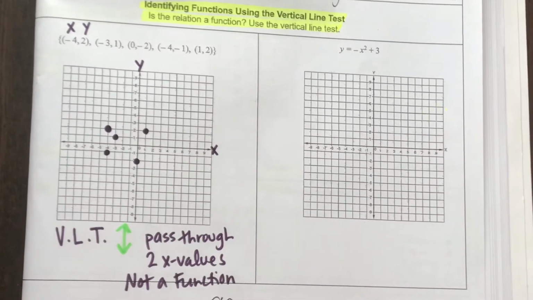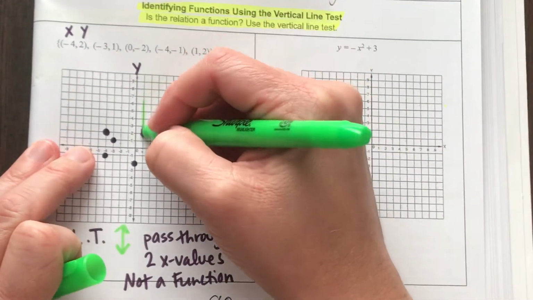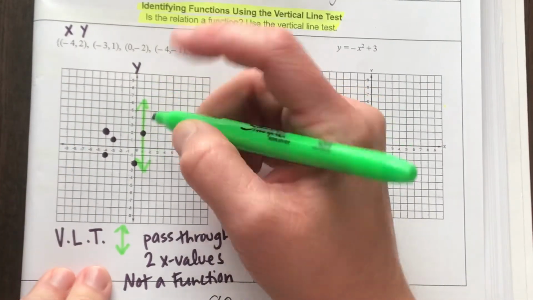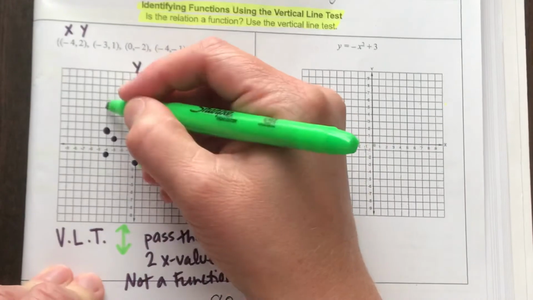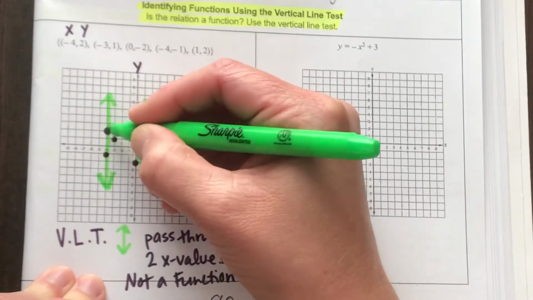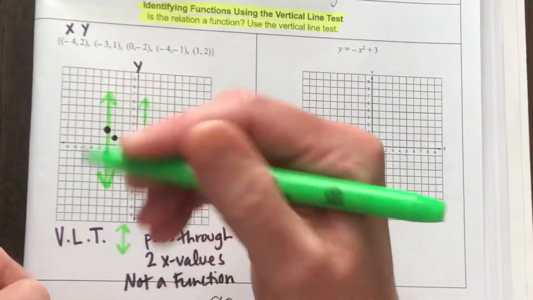If I were to draw a vertical line over here through this point, I notice that that vertical line would only hit one time, but I can find a vertical line that actually will pass through two separate points on my graph.